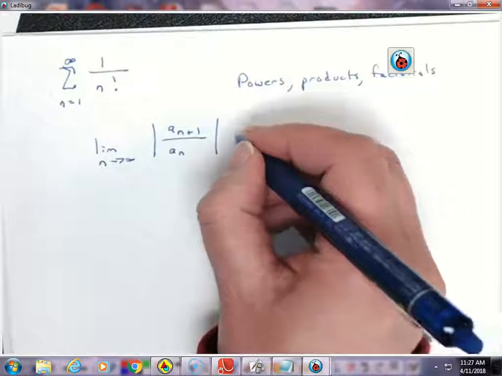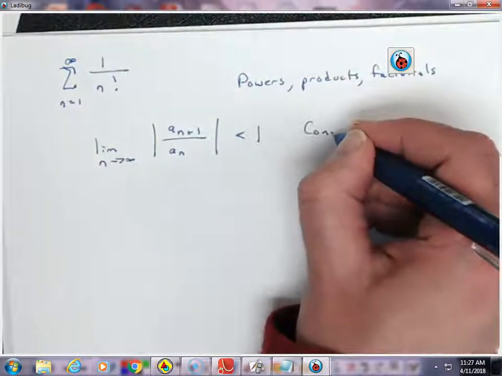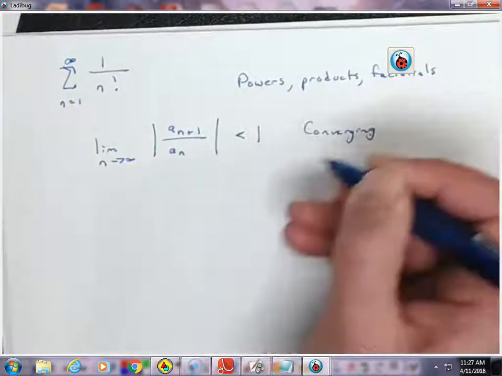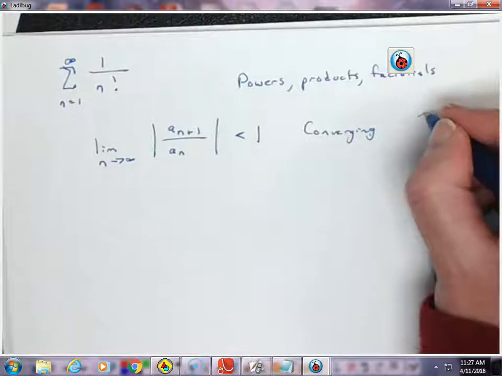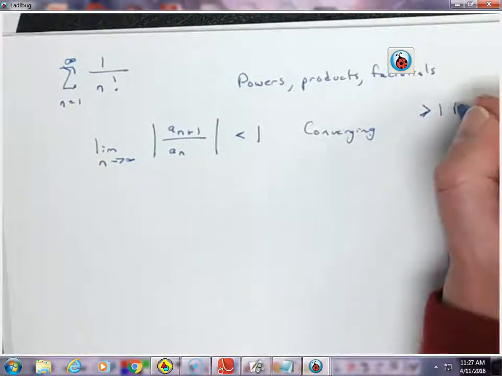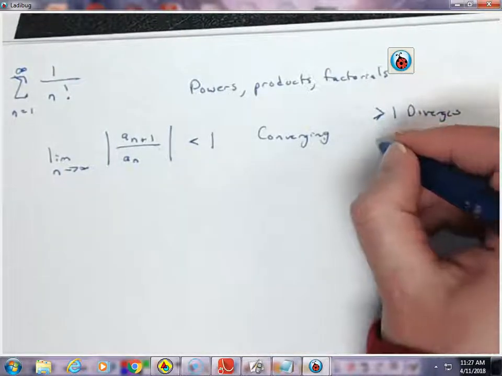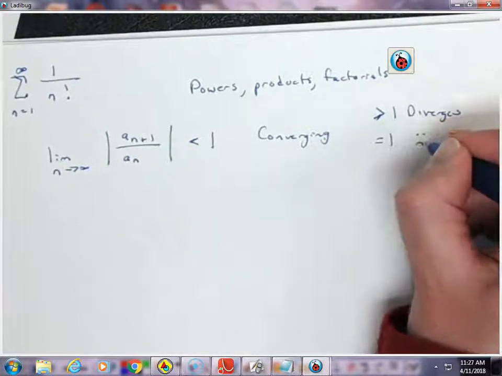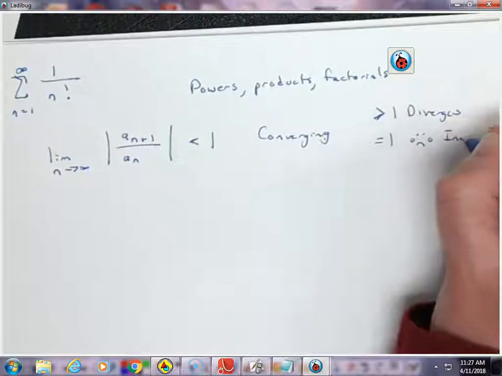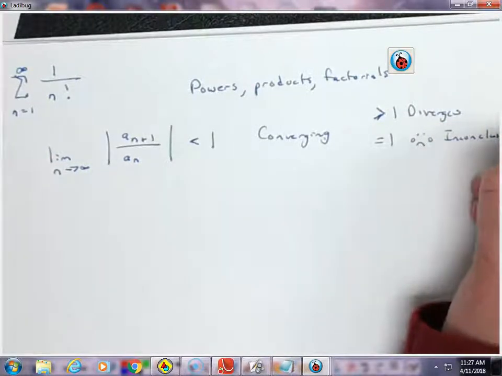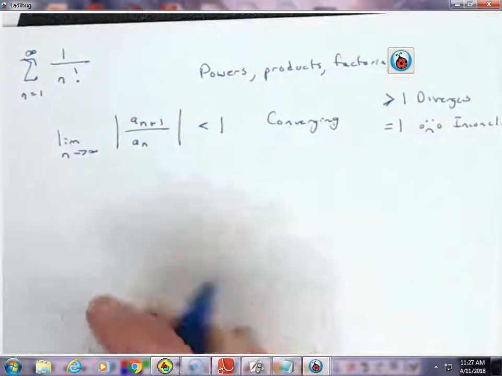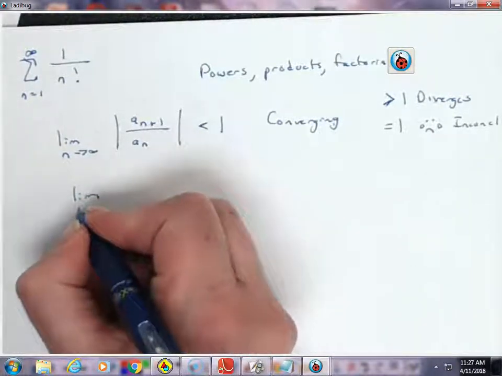If it's less than 1, then it'll be converging. Greater than 1, we're okay because it diverges. Equals 1, we cry because it is inconclusive. Have to try another test. Okay, and so we're going to try this. The limit, hopefully we won't cry.